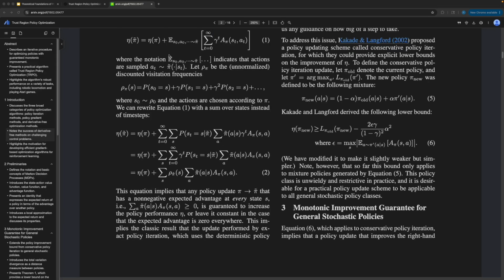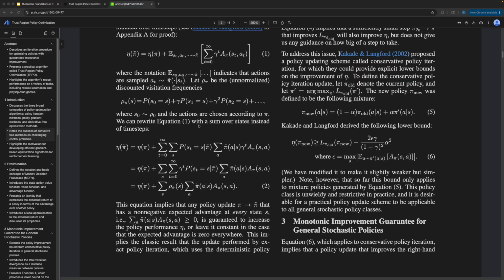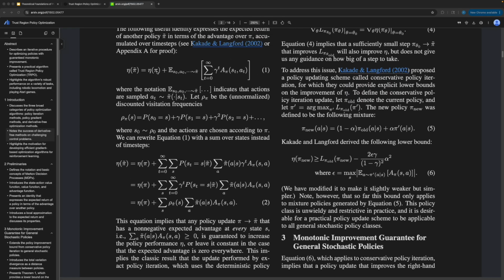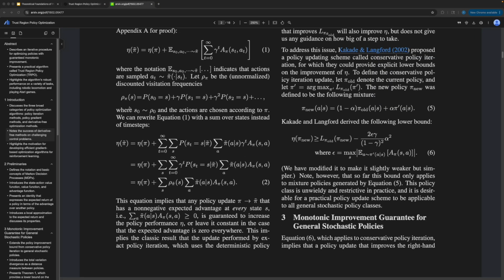Let's come back to page number 2, where we had started. Now we found an equation for the difference in performance between pi tilde and pi, and now let's look at something called the unnormalized discount visitation frequencies.